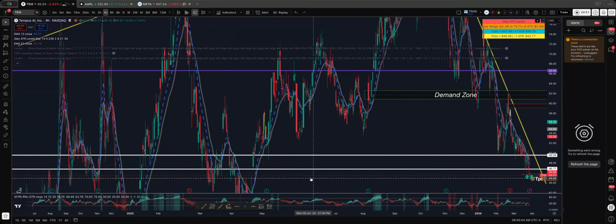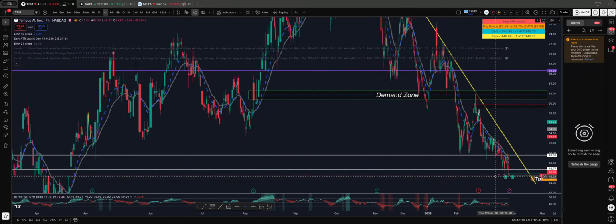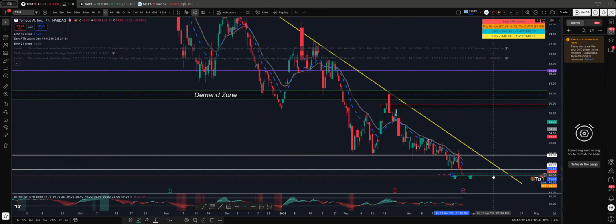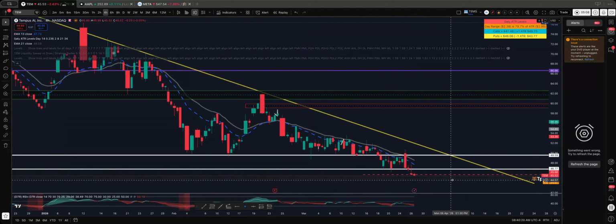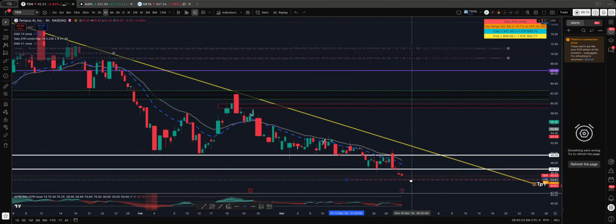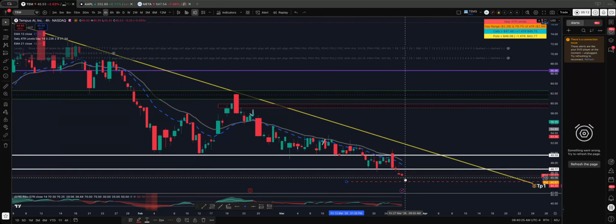But I think it moved on me, so I'm going to delete that, because whatever I did destroyed it, and I'll have to create a new supply zone. But right now we can just chart it off of where it's at, and price is below that day line.